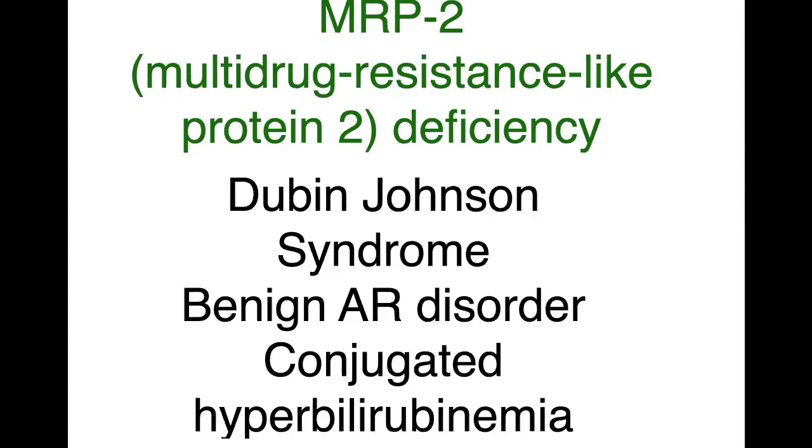If you have your Harper's 31st edition next to you, or you have time to read it, that will be your second reading, and theoretically you'll be in a better position than someone who just studies test papers or doesn't even open the book. So MRP2 deficiency: Dubin-Johnson syndrome, a benign autosomal recessive disorder associated with conjugated hyperbilirubinemia.